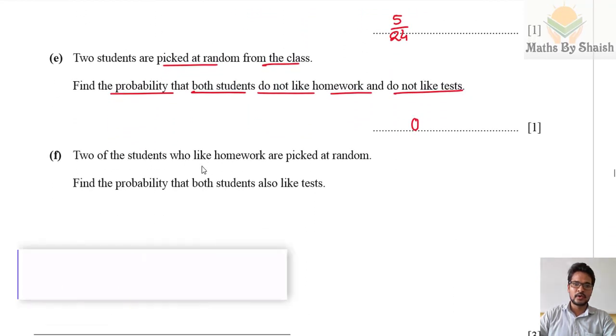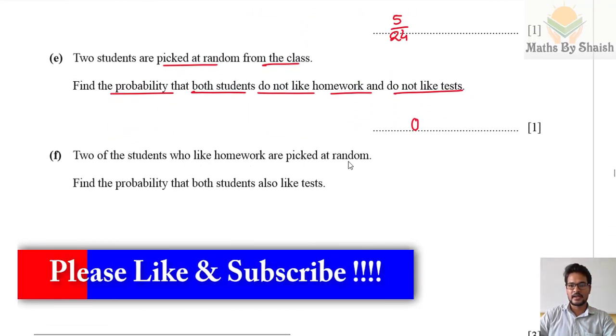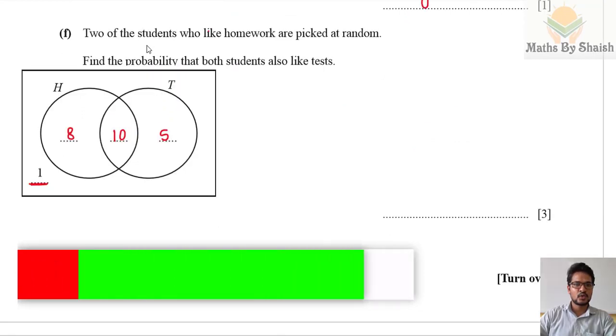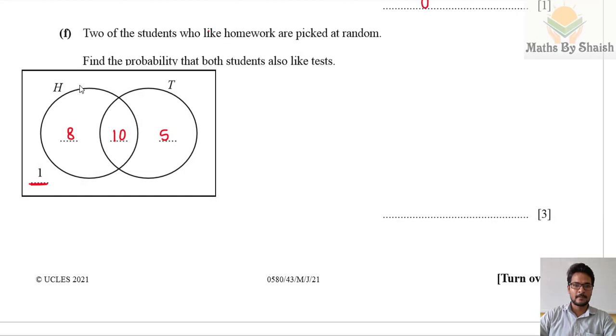Two of the students who like homework are picked at random. I will bring the diagram here. So here 2 of the students who like homework, means in this circle, the homework circle, are picked at random. Find the probability that both students also like tests.